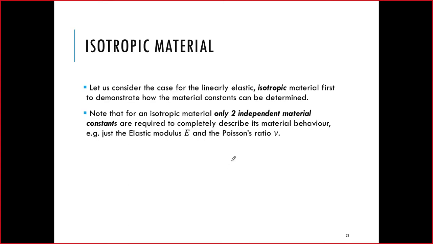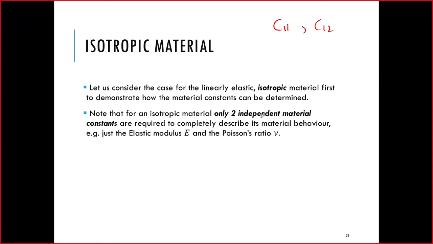As I've already said, there are two independent material constants. We can choose them to be any two of the elastic constants. For example, in the slides I had noted down C11 and C12, whereas as I said you could also use the Young's modulus and the Poisson's ratio. And if we need to find any other material constant for the isotropic material, then any third one is related to these two, or whichever combination of two you want to use.